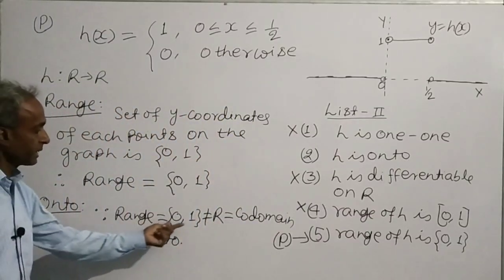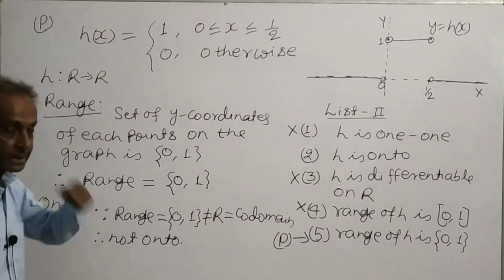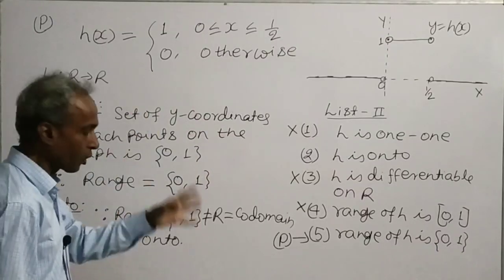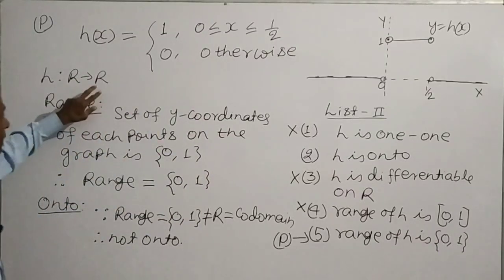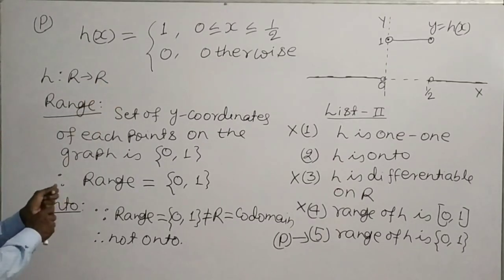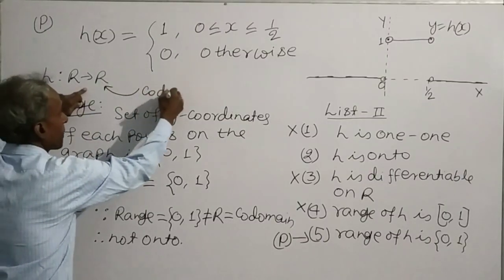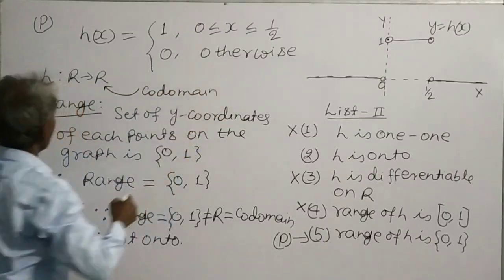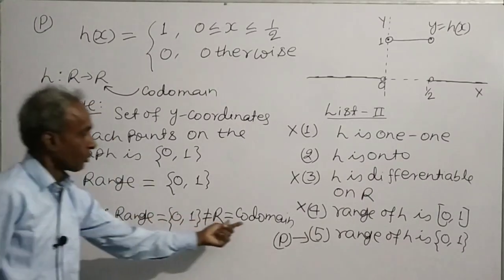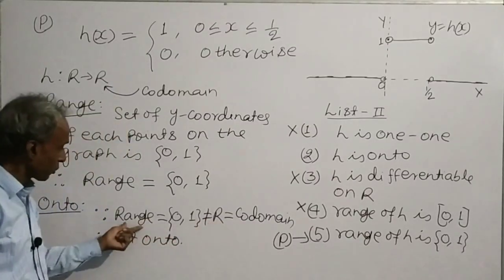Since the range is {0, 1}, this is not equal to R. R means minus infinity to plus infinity, the set of all real numbers. Since in the question it is given that the codomain of H is R, the codomain is R and R is not equal to the range.